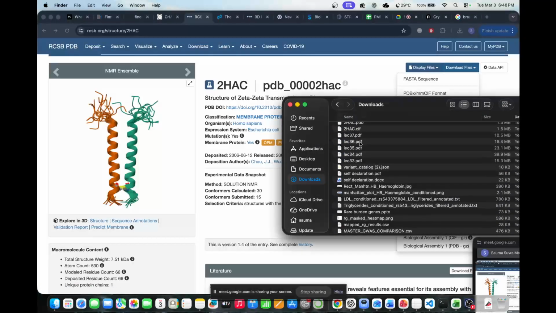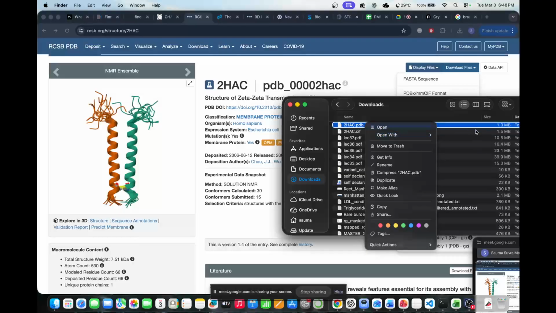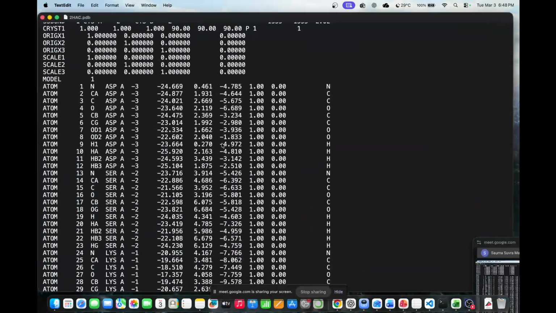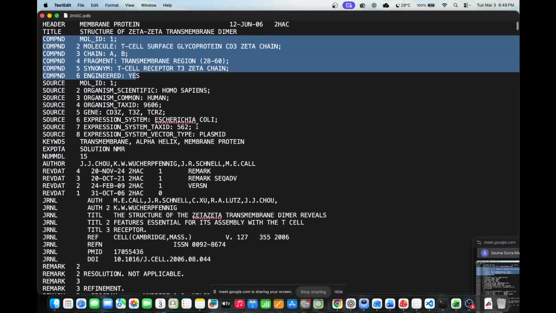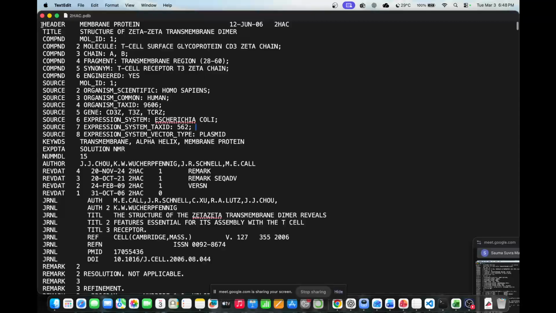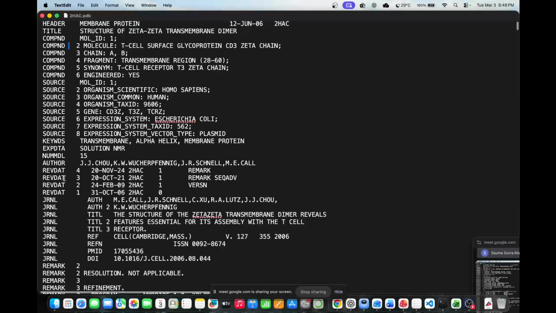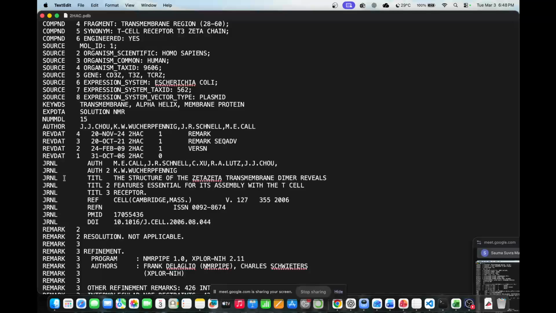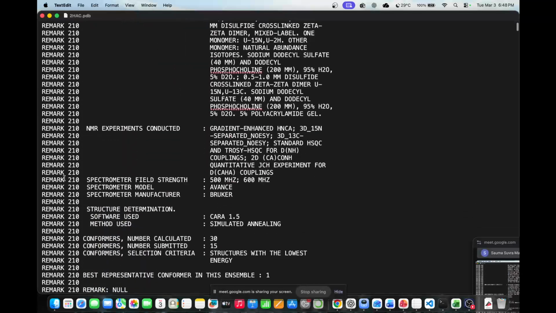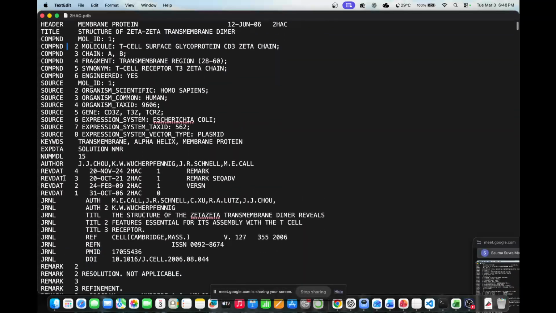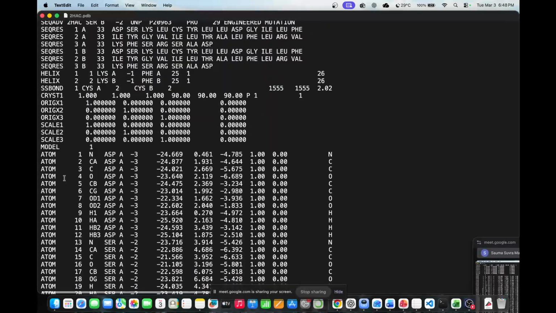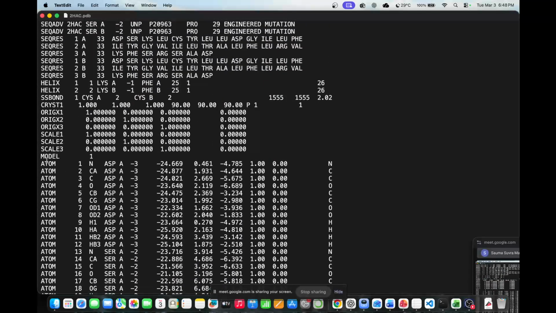So yeah, if you open it in any text editor, this is how the file will look. There's a header section, there are titles. We're going to talk about what the columns mean, what is a remark, what is a header, compound, source, and so on. And the important section, the structure part, starts from here.